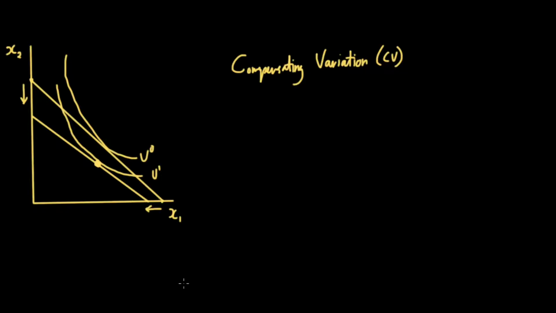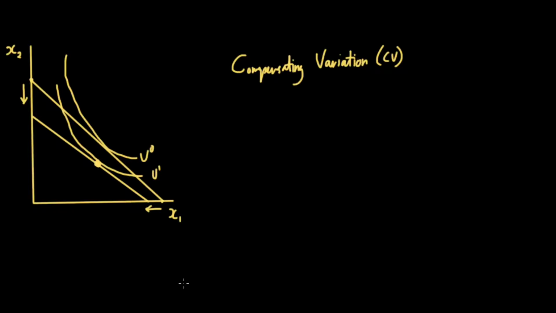What this means is we're trying to give some income, or some more budget, to the consumer so that he would reach his target utility level. And that keyword there is target utility level.